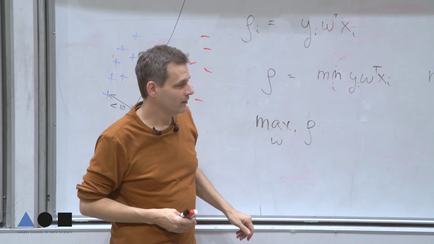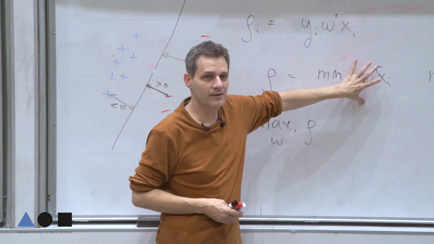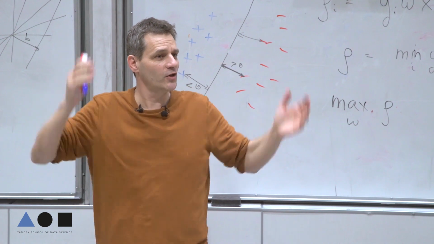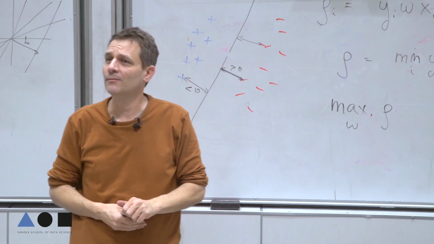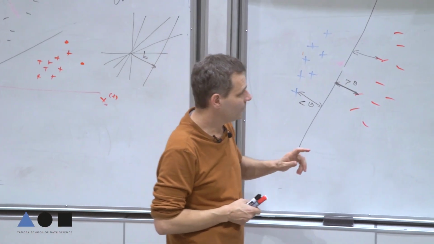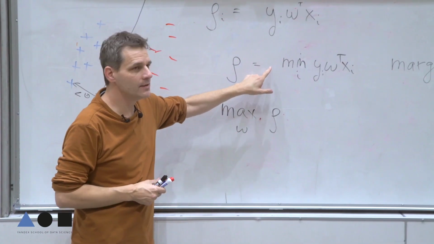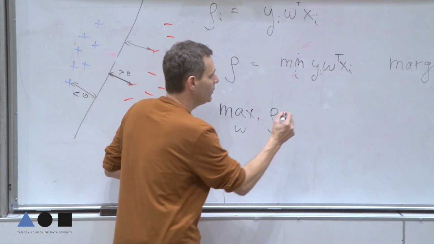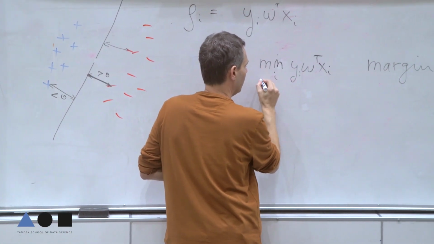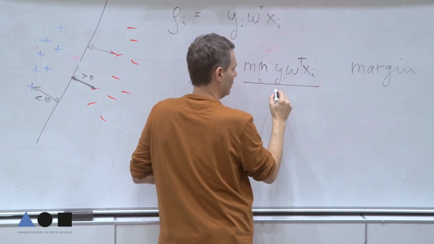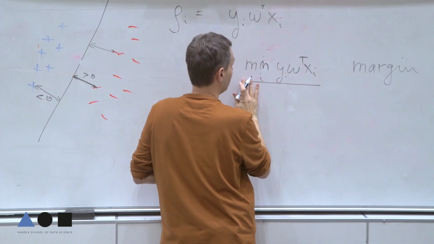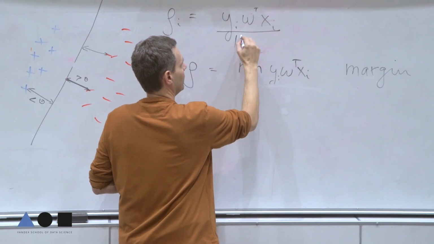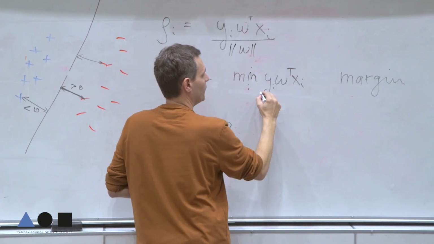You see that if you want to maximize this, just make all the entries of W very large, and it just goes to infinity. So actually, this is not a very good representation of the margin. What we want to do is divide that by the norm of W.